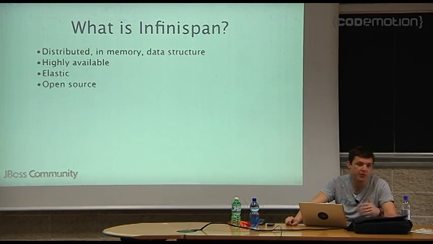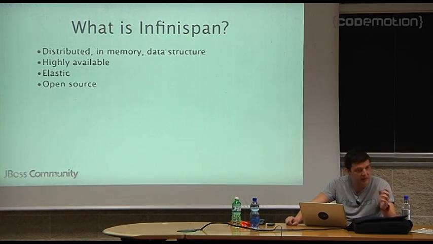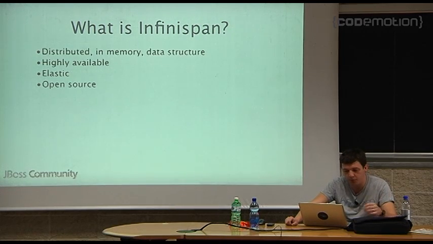If one of these processes goes down, the data which is kept in its memory, we normally replicate. We keep several copies of the same data just to protect ourselves from such process failures, which are to be expected. It is also elastic.